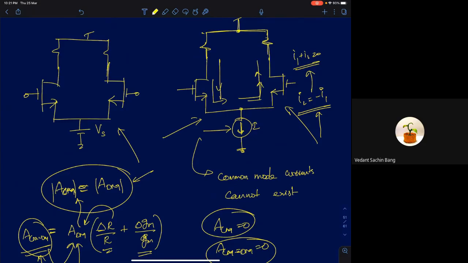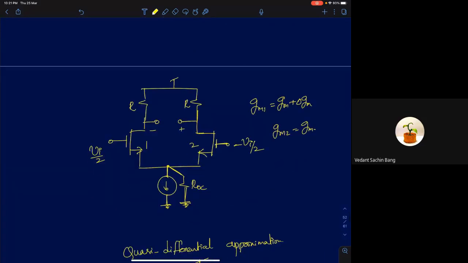Okay, so finally, I'll just consider the same circuit with a finite output resistance ROC. The moment we have a finite output resistance ROC, how do we analyze the circuit? How do we find ACM, ACM-DM, and ADM as well? All three of them, how do I find all three for this circuit?